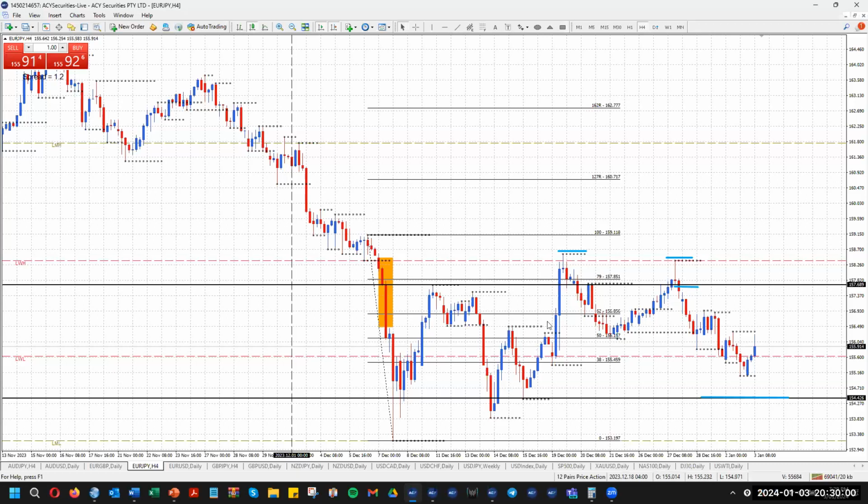So this movement back up here, see how it tops out at the top of the imbalance? This is why price has moved above the resistance level. It's come up to fill this imbalance here. So if you're understanding imbalances and the fact that they will often get filled, we come up to fill the imbalance in here.